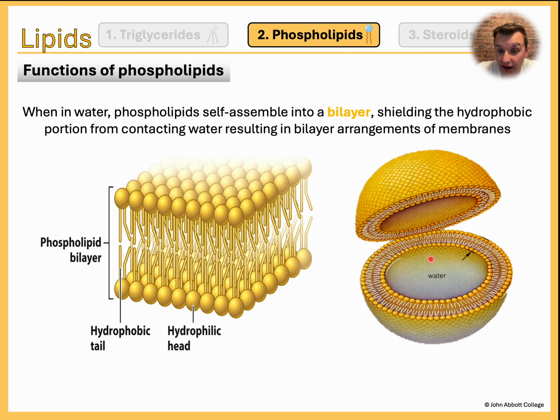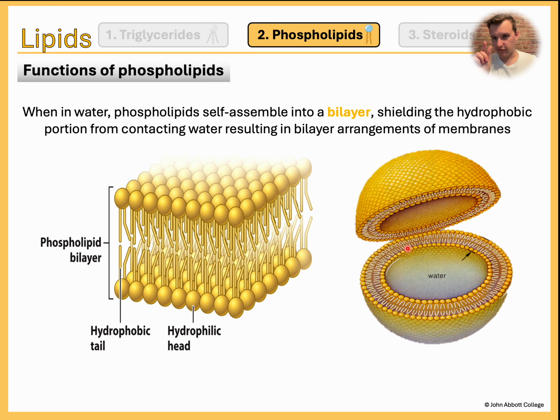And on the inside, where there'll also be water inside the cell, these heads will touch water. But the tails, who hate water, will face each other to hide themselves from the outer water and inner water, and that's why they form these bilayers and form these spheres, right? So it's really interesting how they place themselves.